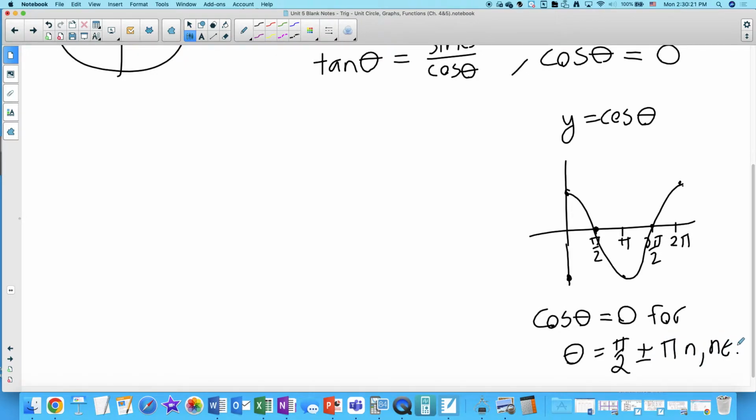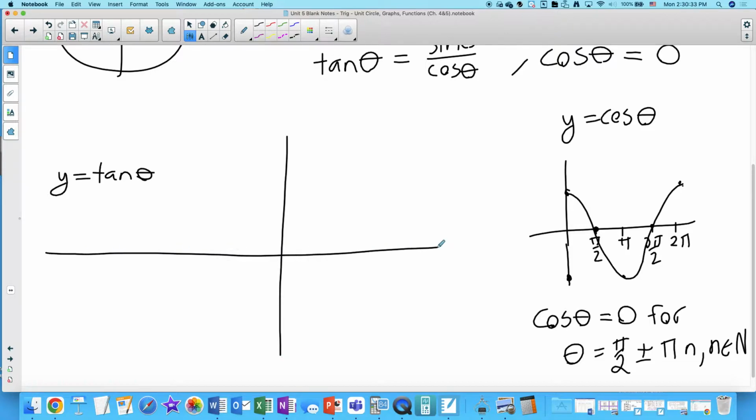So when I'm thinking about my y equals tan theta, here's 0, pi, 2 pi, negative pi. The problem starts at pi over 2. So here's pi over 2, and then I add multiples of pi.